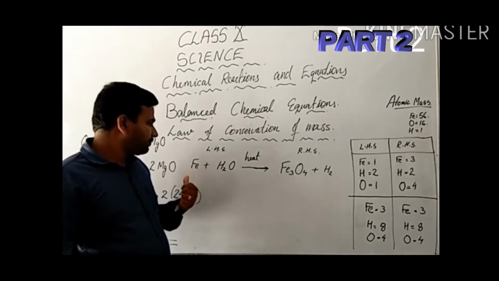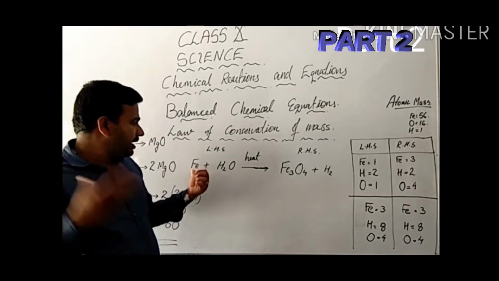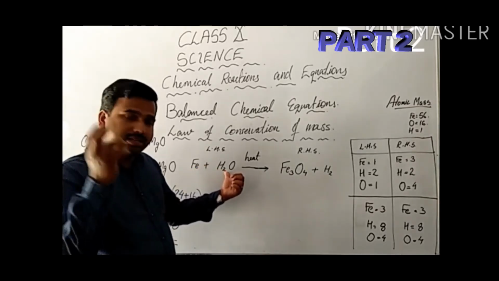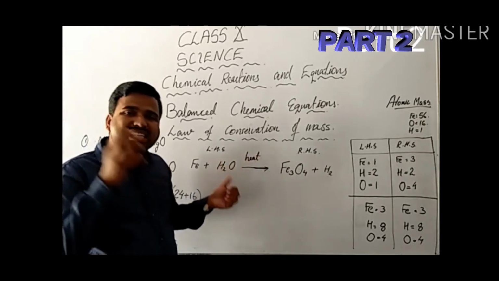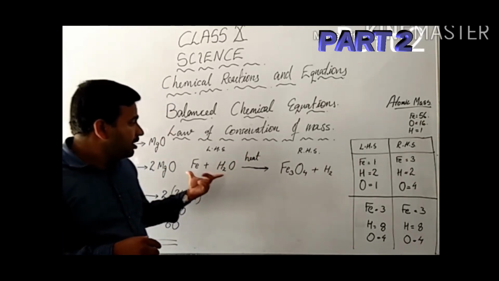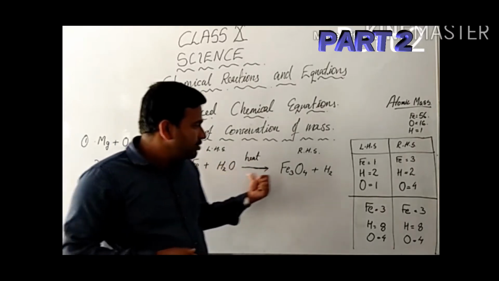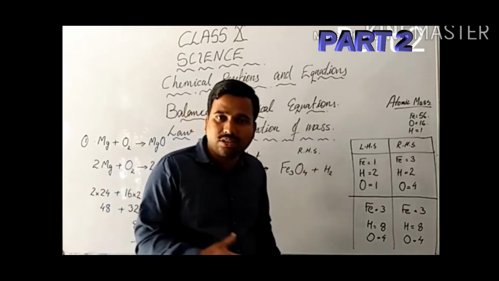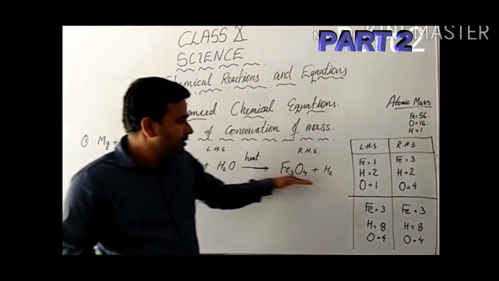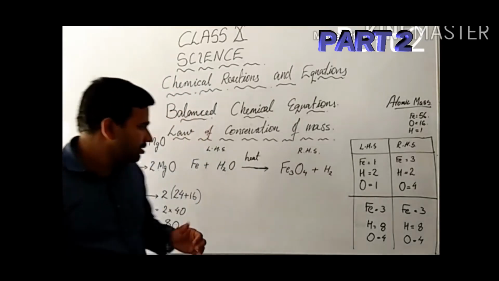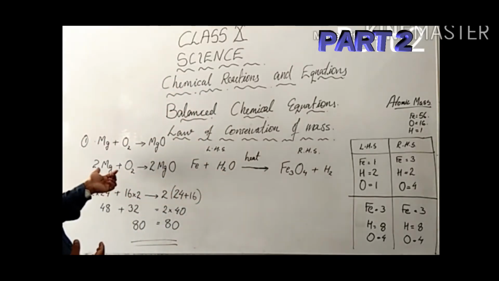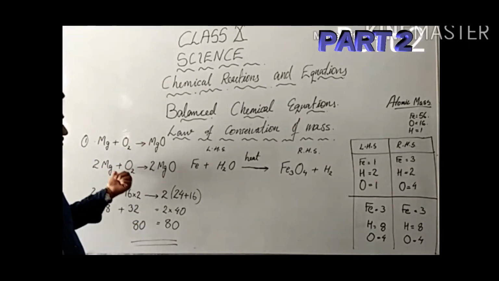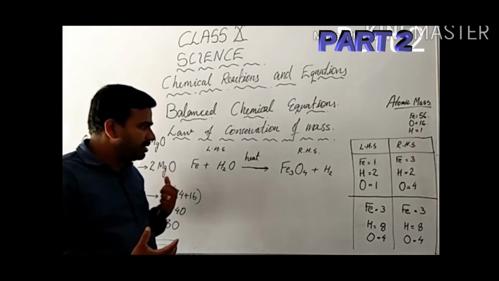Similarly here, when you heat iron in the presence of water, in the form of steam, it reacts to give Fe3O4, iron oxide, plus hydrogen gas. So this is a chemical reaction. And similarly, as we can see, magnesium reacts with oxygen to form magnesium oxide.